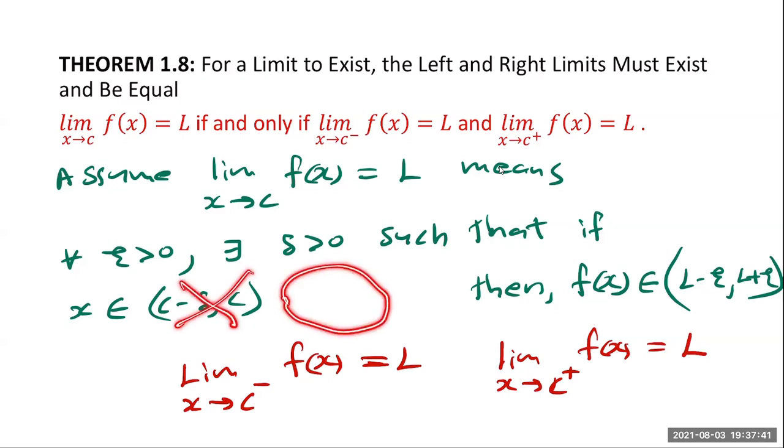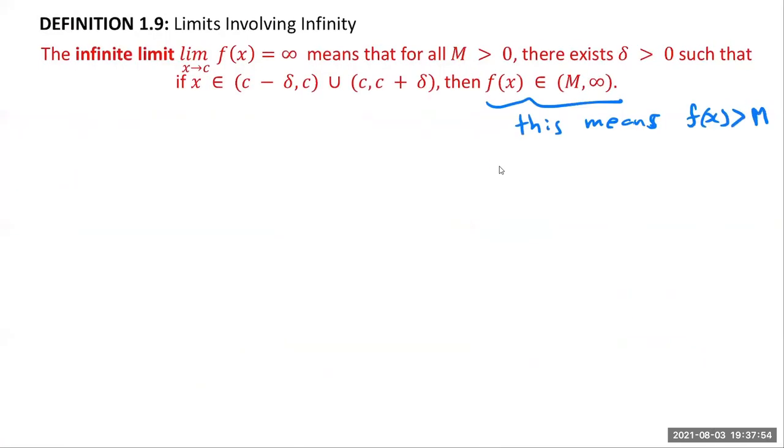In the left limit definition, we chopped off the second piece, but in the right limit definition, you chop off the first piece. All right. Let's move on to the next definition.